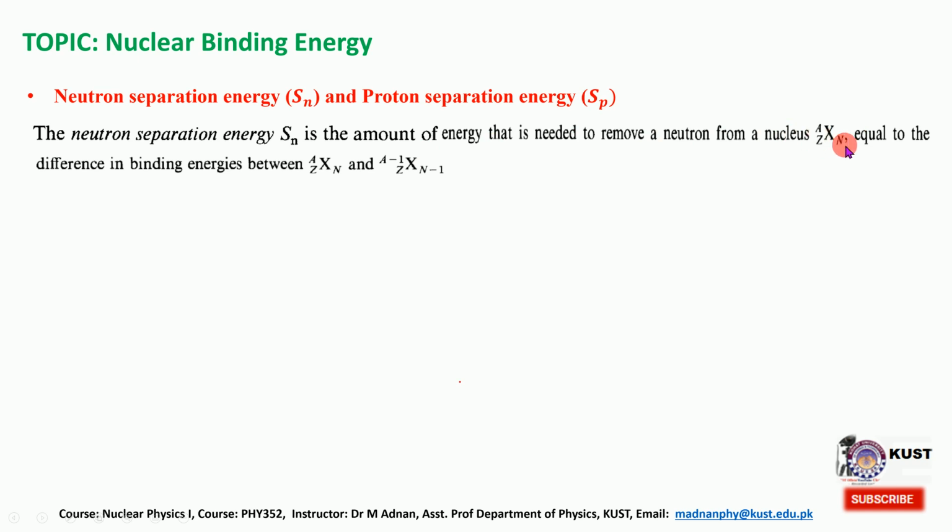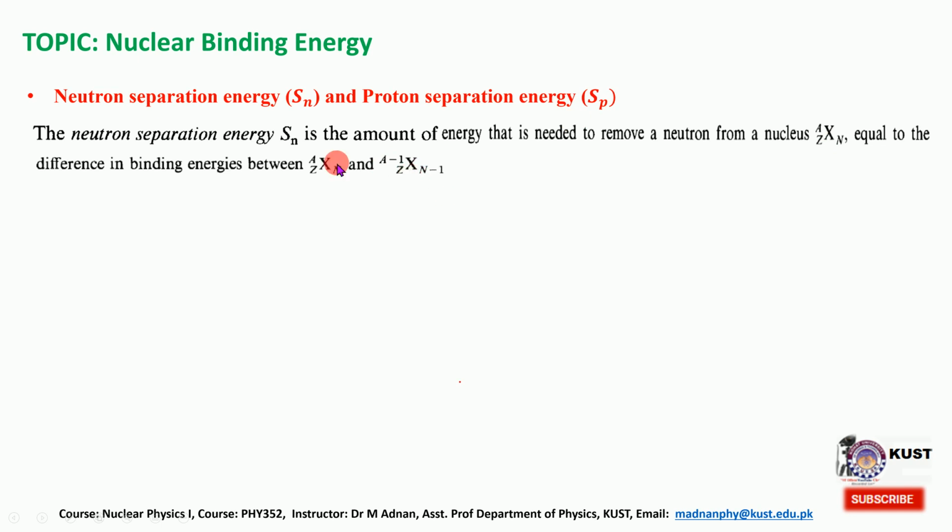Say this is just a random nucleus having mass number A, the Z number, the proton number, and the neutron number is N. The neutron separation energy is equal to the difference of the binding energies between these two elements. So if we remove a neutron from this element, the mass number will be decreased by 1, so it will now be A minus 1, and also the neutron number will be decreased by 1.